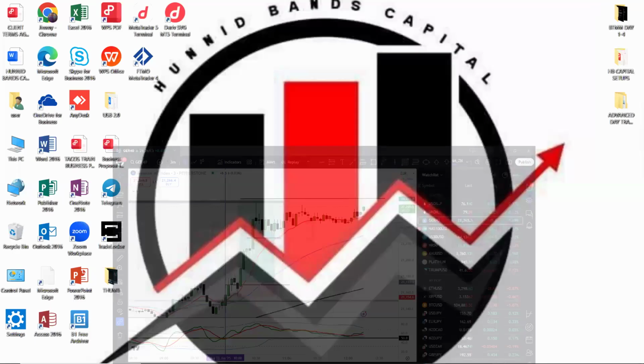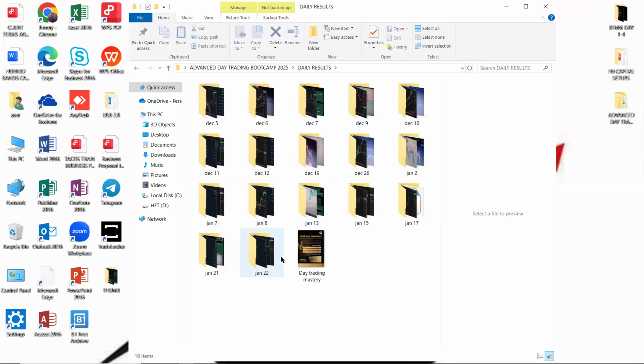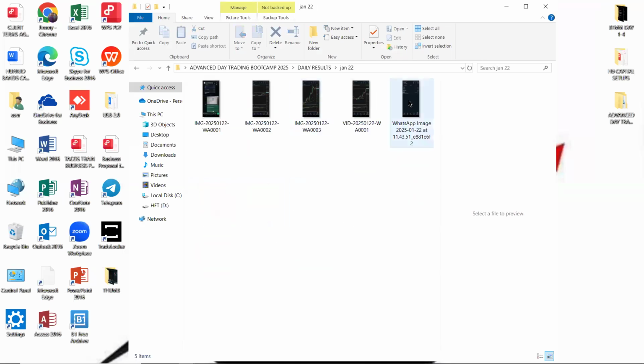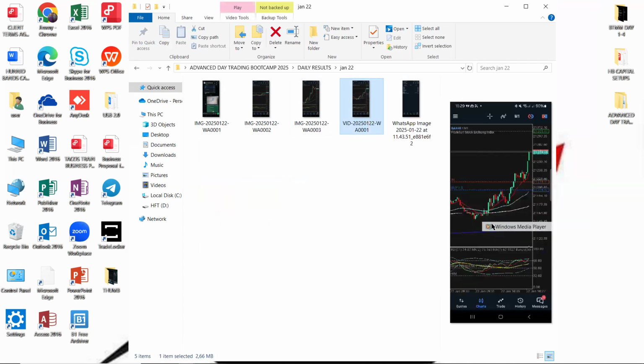So just to go back to the results to show you guys the running trade. Okay, this was the running trade right here. Just going to wait for it to load.